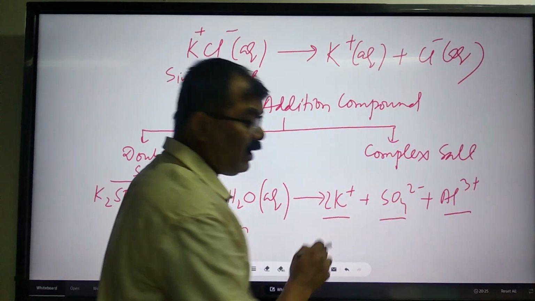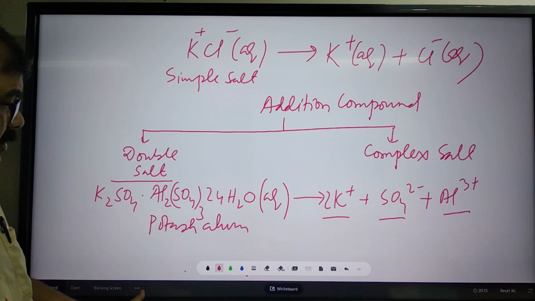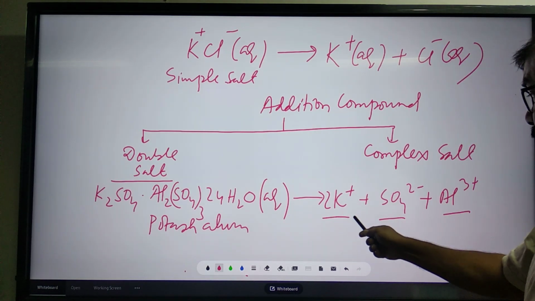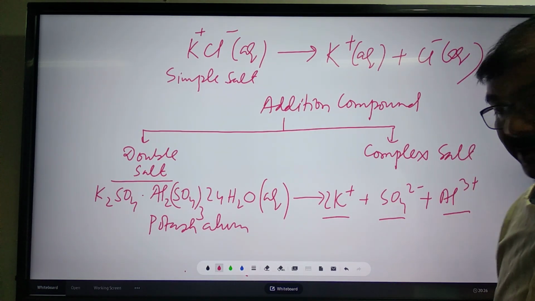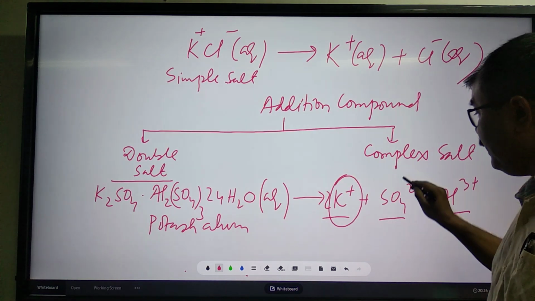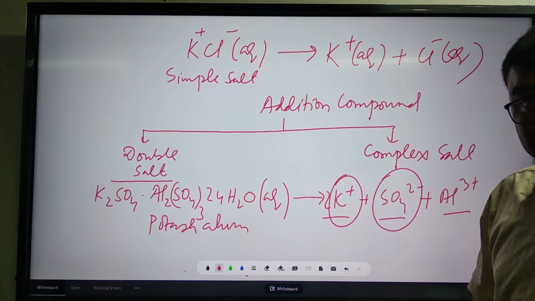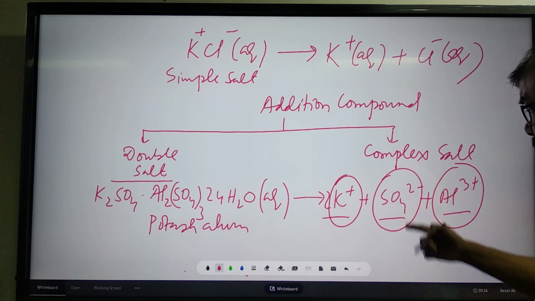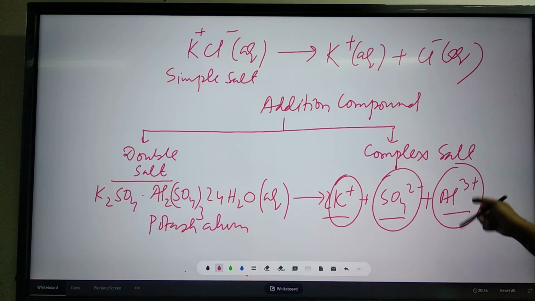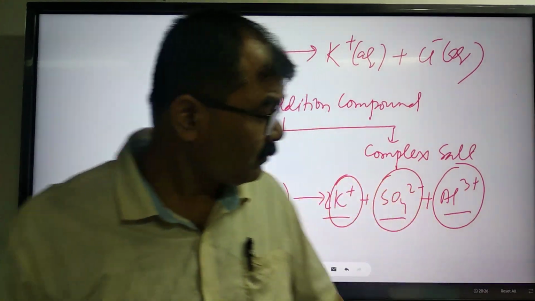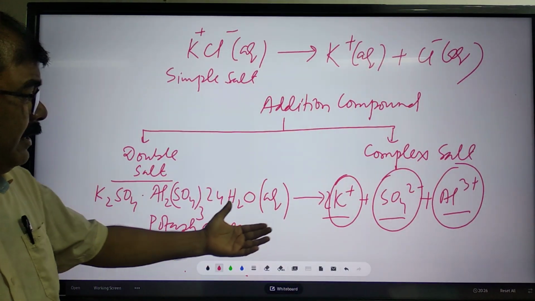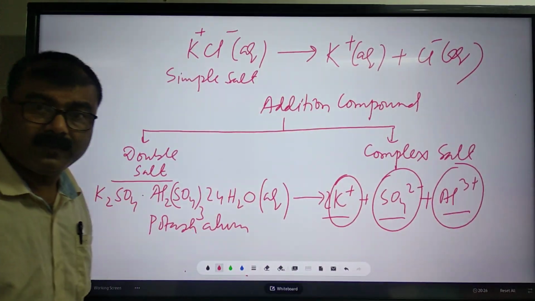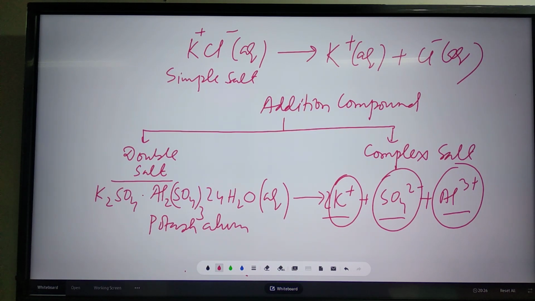So these are the simple ions we get. When double salt dissolve in water, they also get dissociated to their corresponding ions, which can be detected, can be identified by the simple chemical test. If we carry out barium chloride test, we will get sulfate. If we carry out lead test, we can get the aluminium, like that. We can identify the simple ion by their chemical test, simple chemical test.